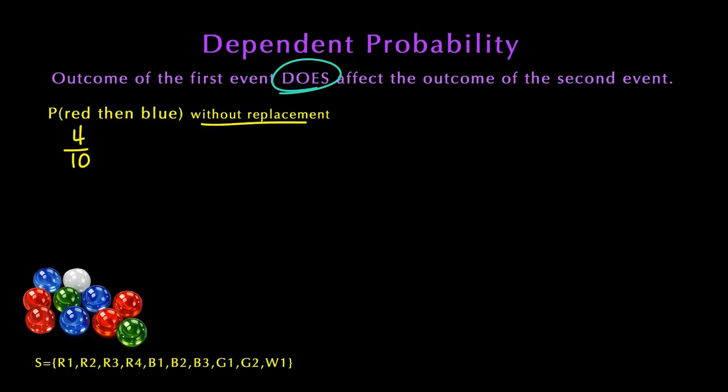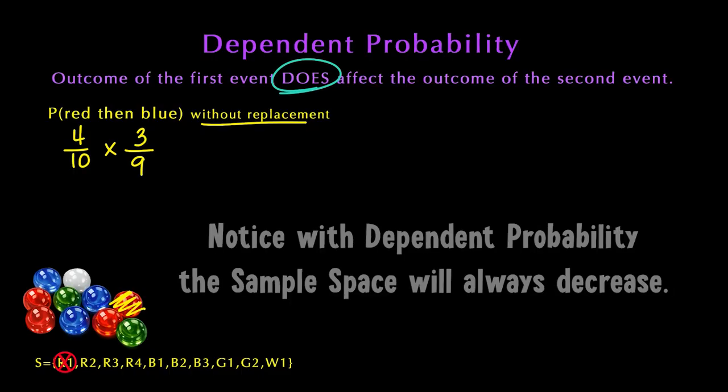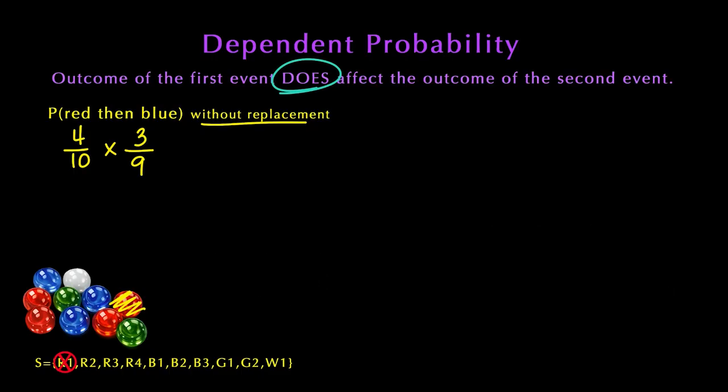Then it says without replacement. So I'm going to essentially not have a red marble in there, which means now to draw a blue marble on my second try, I have 3 blue marbles, but now there's only 9 total marbles. So notice that dependent probability made an adjustment to my denominator. Now I'm going to go ahead and do the math here. I can still reduce, so let's go ahead and reduce first.